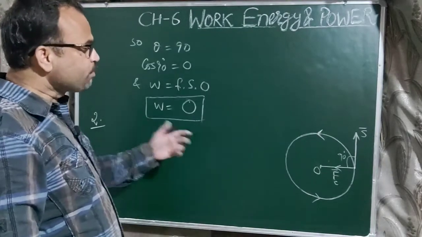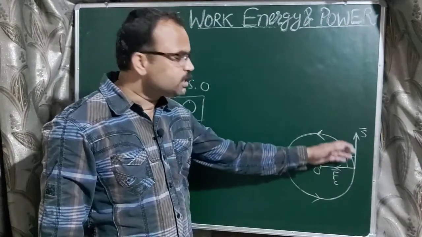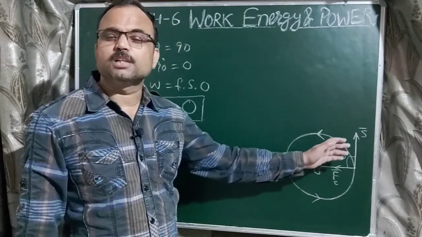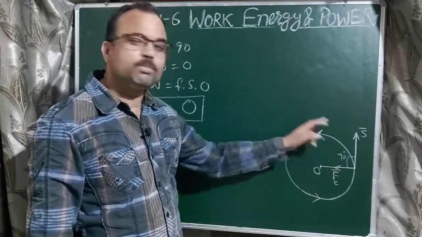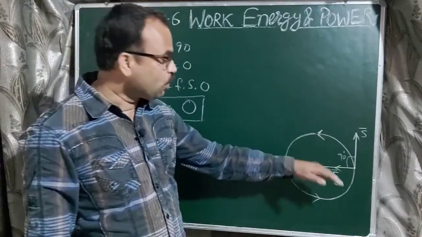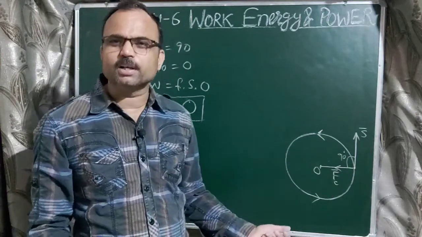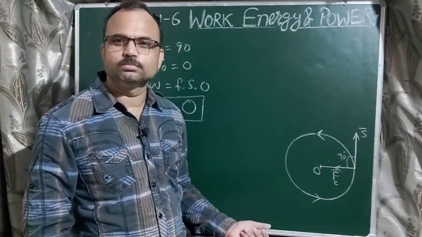Another important thing is that in this case, suppose the body is not completing the circular path, not completing its full revolution. Suppose the body completes 1/4 or half, then what will be the work done? Work done is again 0.